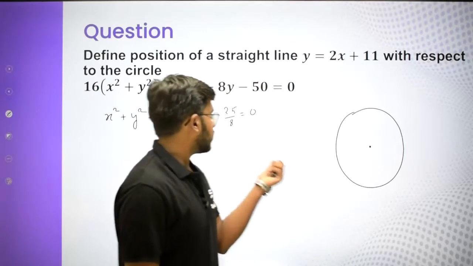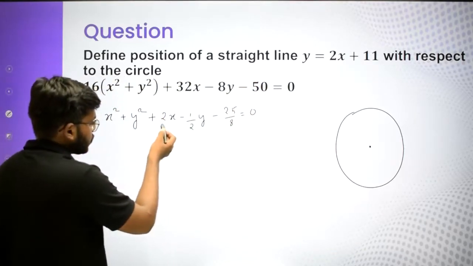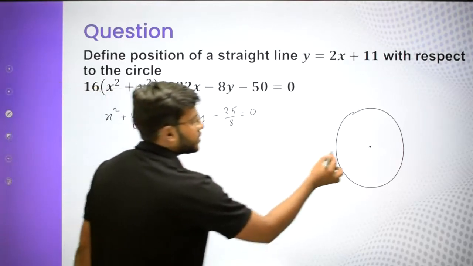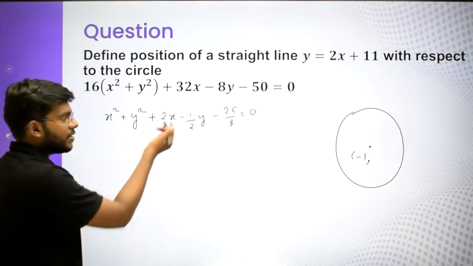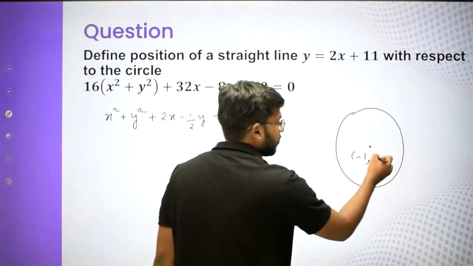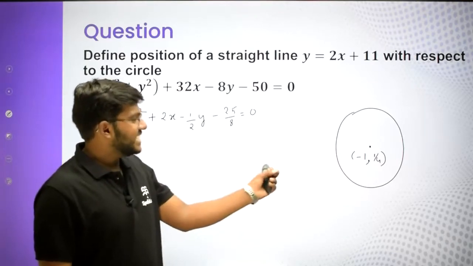Right, this is the equation of your circle. So now if you find the center, coefficient of x divided by minus 2 is going to be minus 1, and coefficient of y divided by minus 2 is going to be 1 by 4. Okay, so minus 1 comma 1 by 4 is your center.